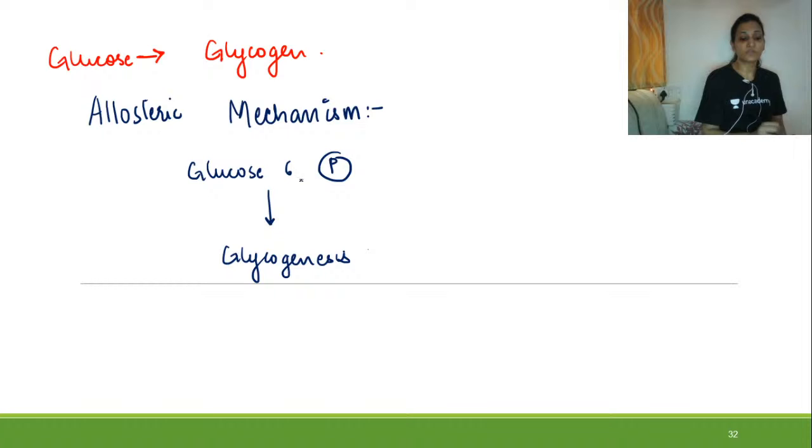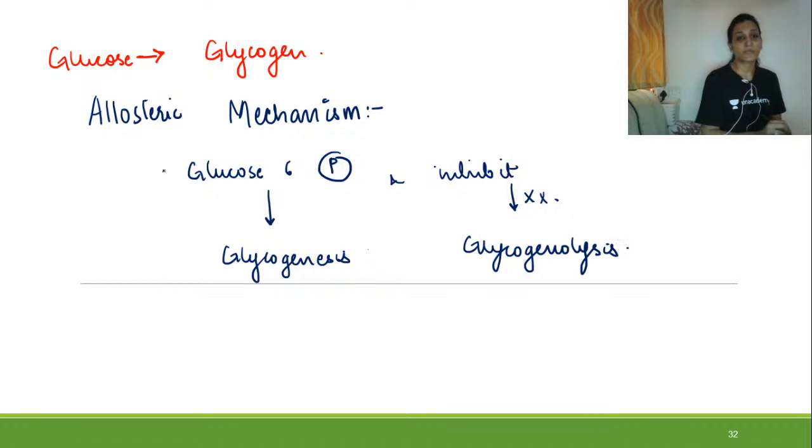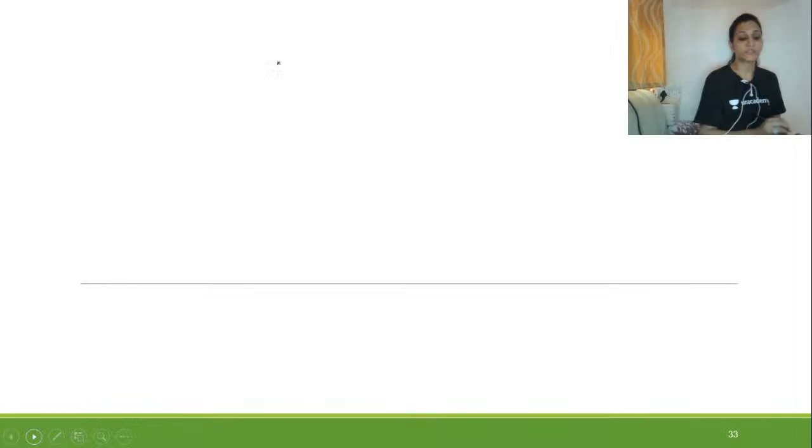So glucose 6 phosphate will stimulate glycogenesis and inhibit glycogenolysis. This is the allosteric mechanism, right? First thing.